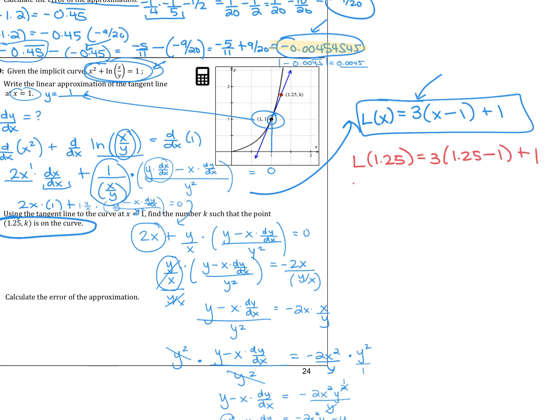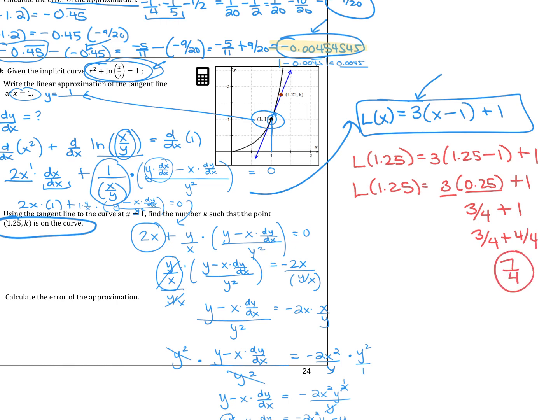we get L of 1.25 equal to 3 times 0.25 plus 1. Well, 1/4 of 3 is 3/4, so 3/4 plus 1 is going to be 3/4 plus 4/4 or 7/4.